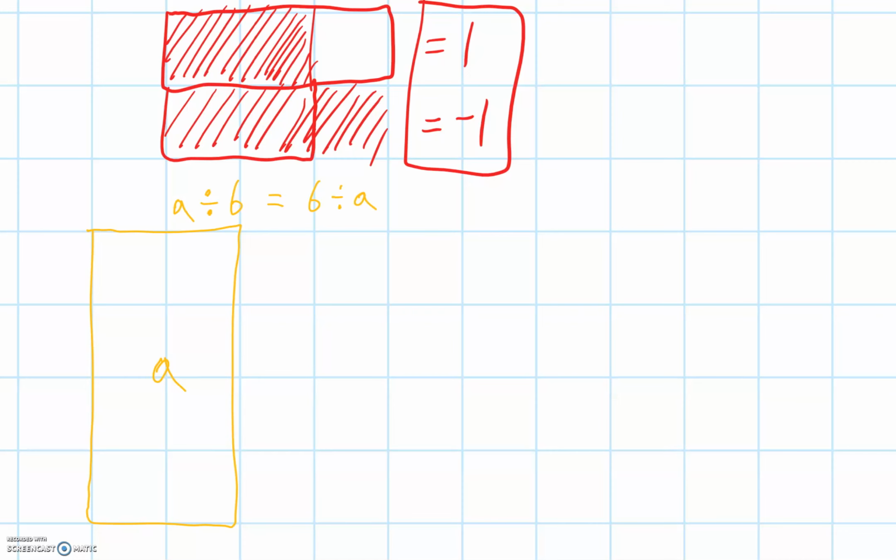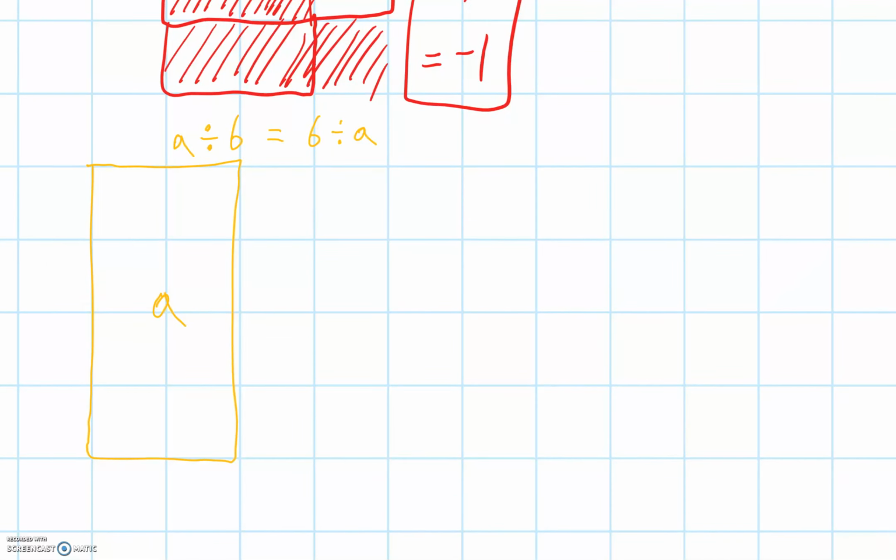And we want to divide by B, which is this side. The answer to that would be on this side. Right? Which would be 2. So 8 divided by 4 is 2. Well, that's fine. This would be equal to 2.